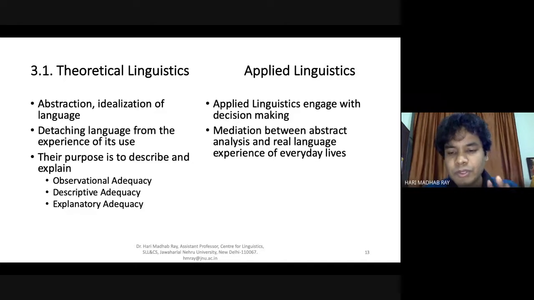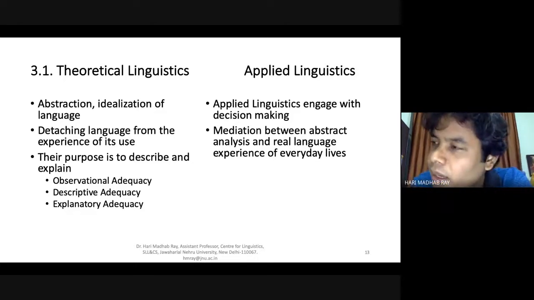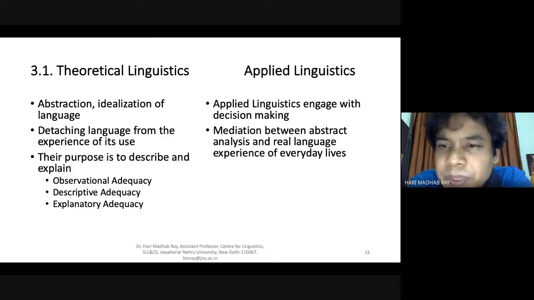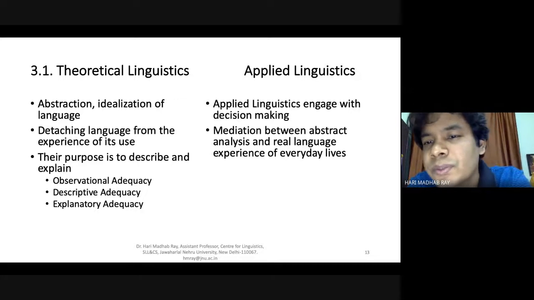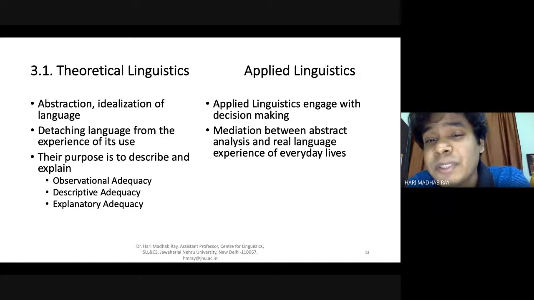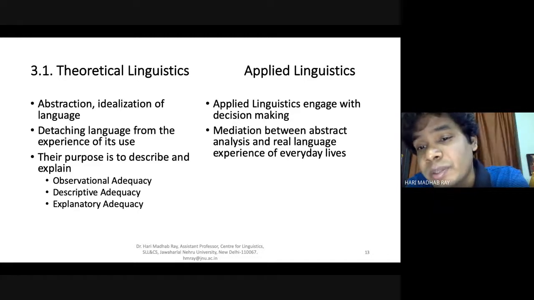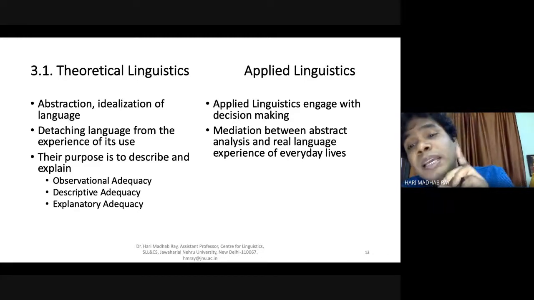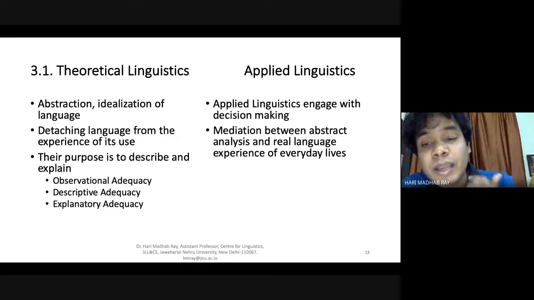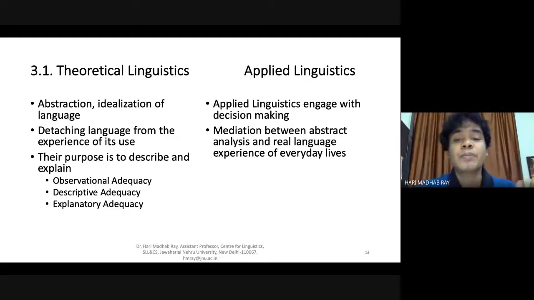If you're a teacher or a language educator, maybe you try to solve the problem. So it engages with decision making, mediation between abstract analysis and real language experience of everyday lives. So it's not only about abstract analysis as well as language experience of everyday lives. So you have to have it.